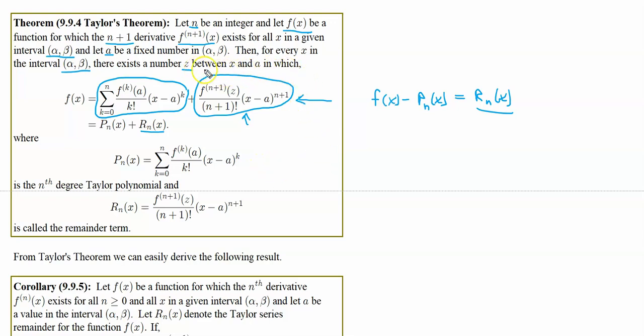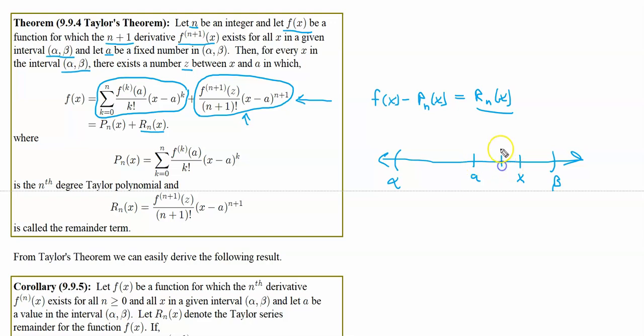And also just make sure you understand that if you're given the point a, now a lies in some interval alpha to beta, so say your interval alpha to beta is like this. Okay, so there's your interval alpha to beta, and you pick an x somewhere in this interval, say right here, then make sure you understand that the z is going to be between the x and the a.